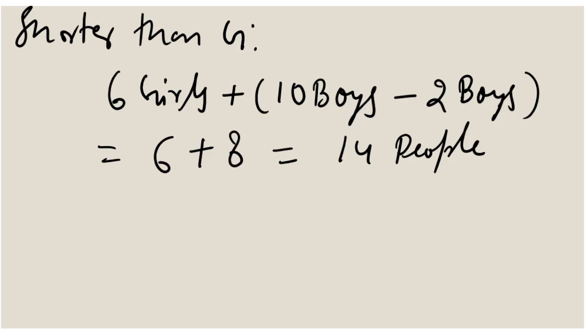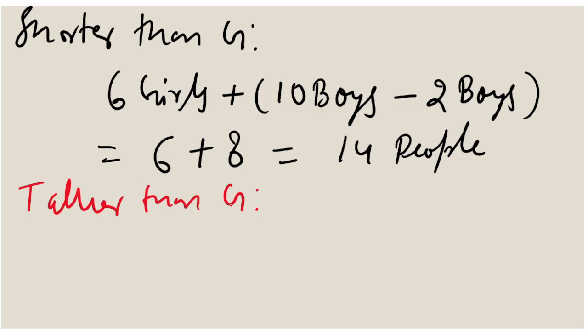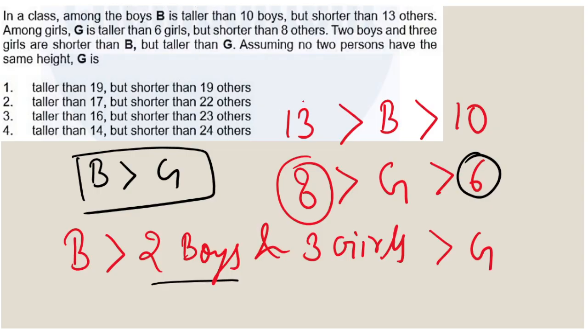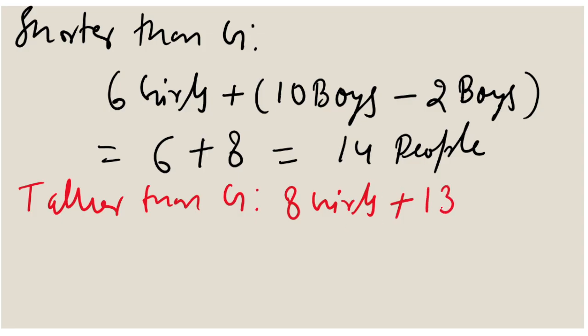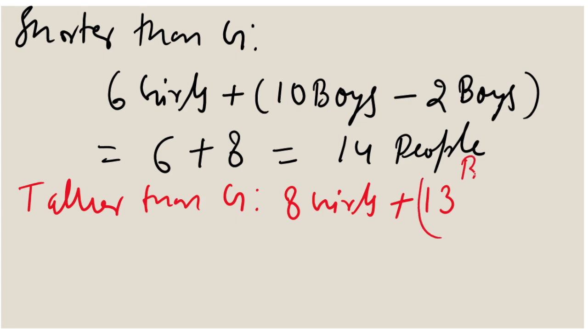Okay, now let's find out the taller ones. Taller than G: these 8 girls are taller than G, plus these 13 boys, definitely they will be taller than G. These remaining 2 boys we need to add, and 1 will be this B. So 13 is the total number of boys, 13 plus 2 plus 1.